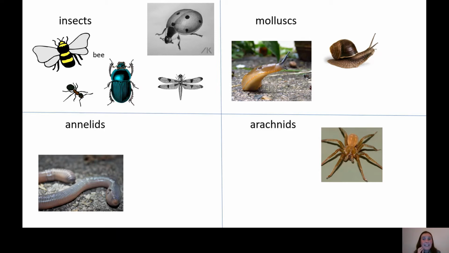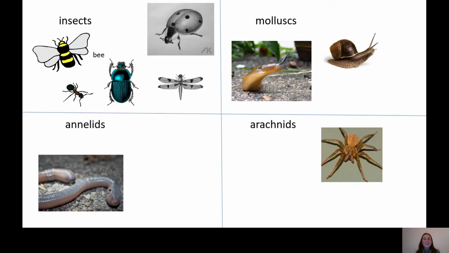So an example of an annelid is a worm, and it has a long segmented body. And remember, when we were talking about segments, it means in little parts. They also don't have any legs, so they've got no legs and a long segmented body. Well done if you remembered those features.